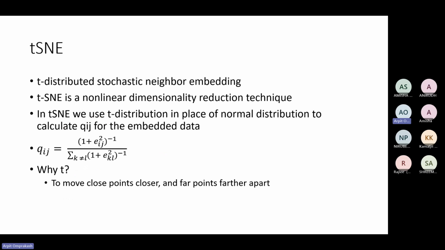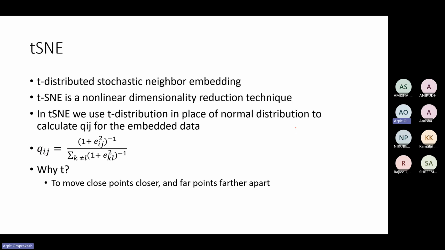While in TSNE, to calculate Qij, we use this formula, which is basically similar to a T distribution. So why do we want a T distribution? Because when we use a T distribution while doing this, it basically moves the close points closer and it moves the far points farther apart, which is what we want in our visual representation of our data.